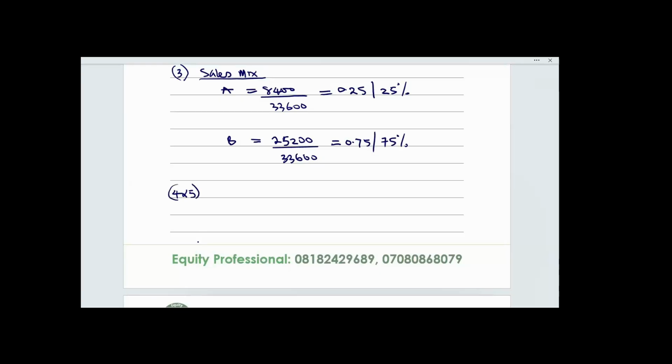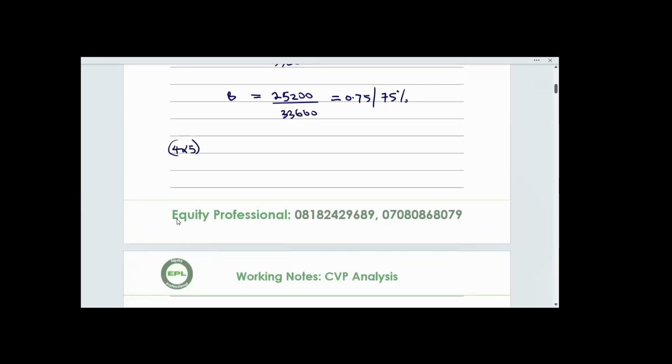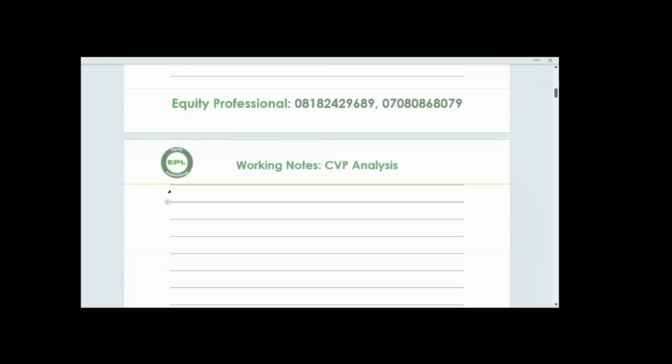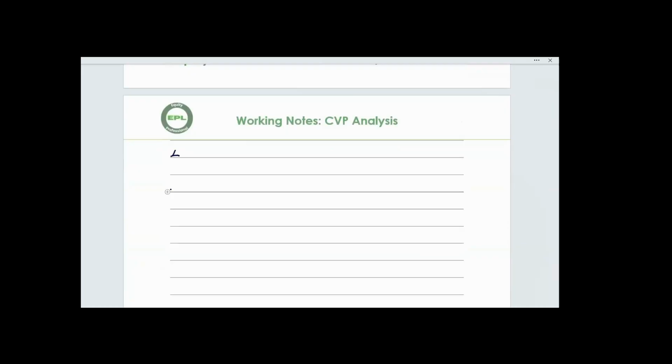So here we want to determine, let me move to the second page so that I don't manage space. Step 4 and 5. So we want to calculate break-even point in Naira and units for each product.